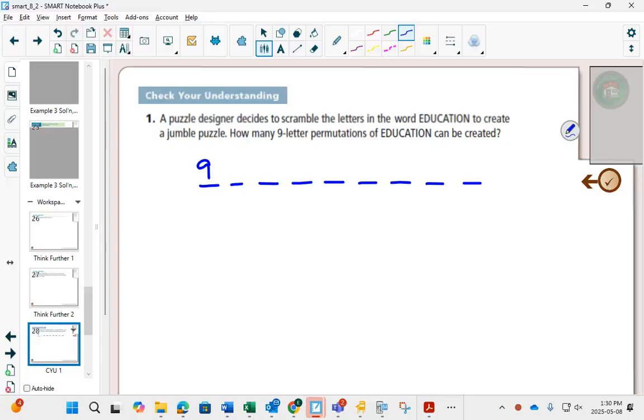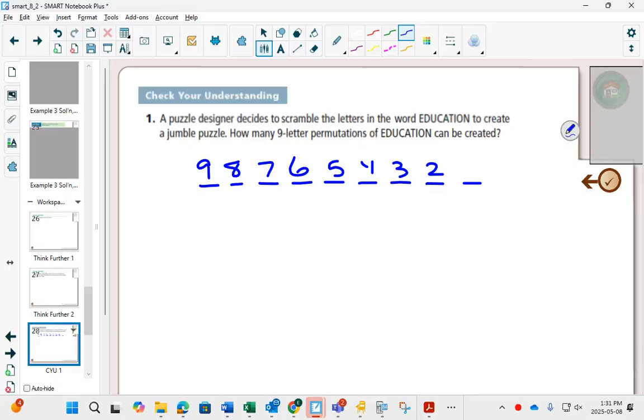Now I've used up one of the letters. Maybe I started with the letter D. How many choices do we have for the second decision then? 8. Now you've used up 2 letters. You would have 7 choices for the third one. Then 6, then 5, then 4, then 3, then 2. And we'll get to the most complicated one.